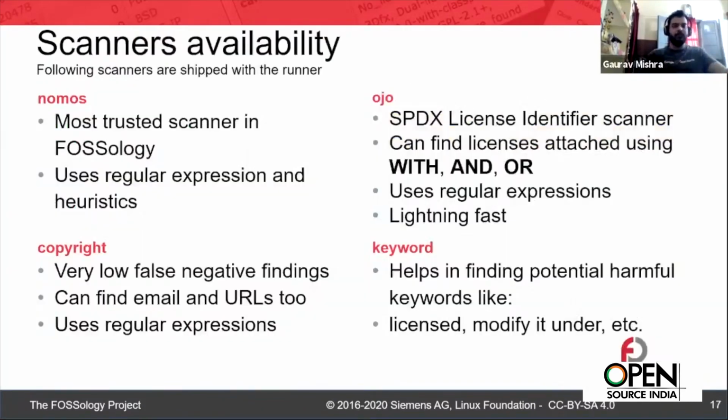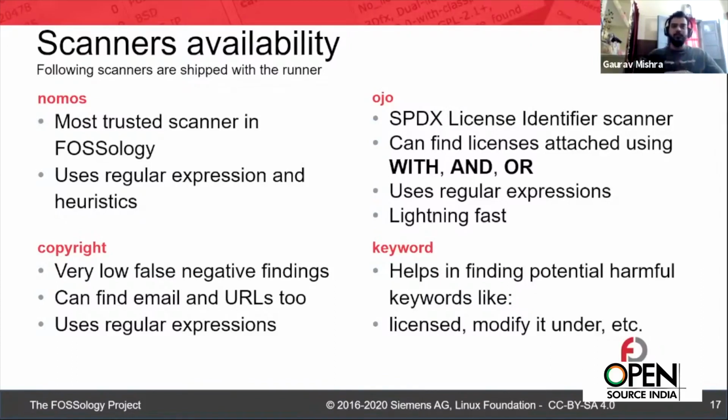As I mentioned earlier, there are various scanners you can use in the same Docker image. So let's take an overview of what they are and what they do. First we have the Nomos scanner, which is a license scanner. It is a rule-based license scanner, which takes help of regular expressions and heuristics. This is the most accurate scanner in the Fossology toolkit.